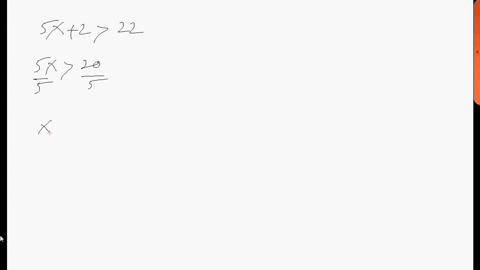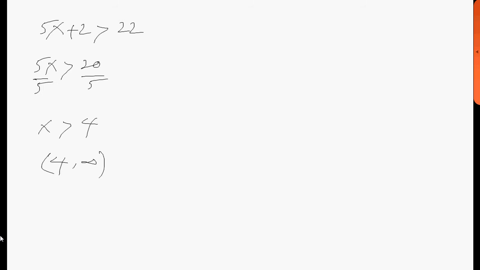I get x is greater than 4. In interval notation, that's from 4 to infinity. So that's my final answer. Notice that here I did not divide by a negative number. 5 is a positive number, so I didn't have to change the direction of the inequality.